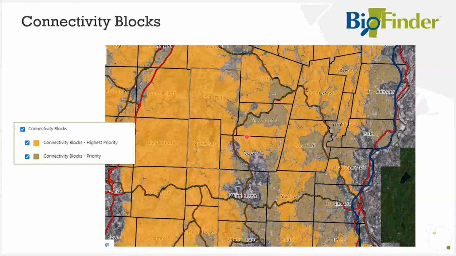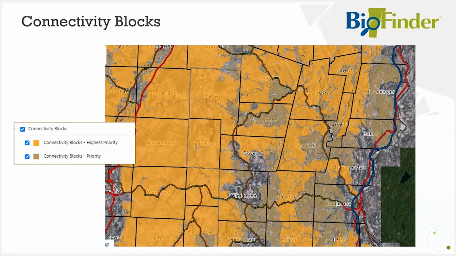So Newfane is interesting in that it sits at this crossroad of connected habitat in southern Vermont. And that's an important thing to know for the town of Newfane, in that the actions they take to maintain forest integrity, the effects will radiate beyond their town.